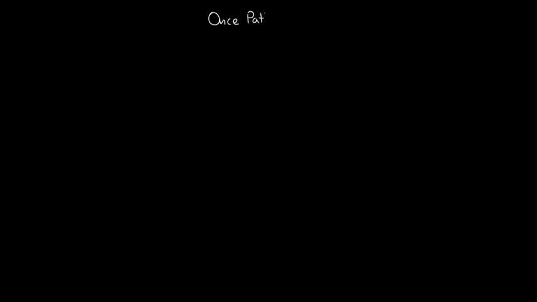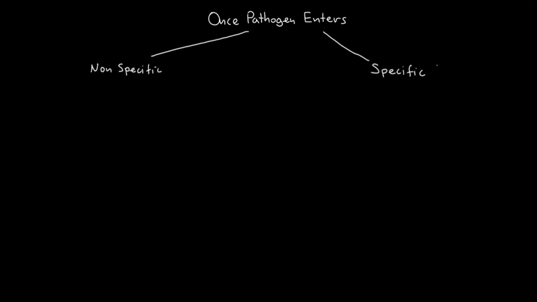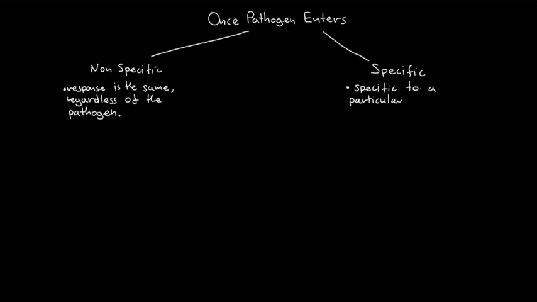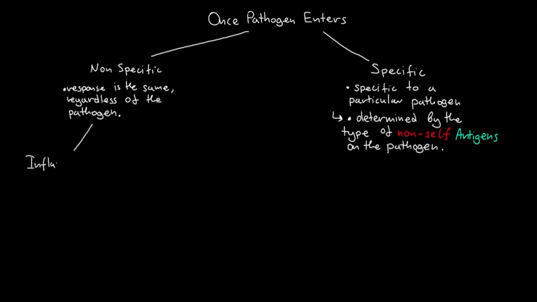Here is the overview of things that may happen after the pathogen enters the body. Non-specific response will happen anyway in each case. It will cause inflammation in the affected region where the pathogen entered the tissue. This will also result in an increase in the local temperature and several other things. But most importantly, the phagocytes, so our macrophages and neutrophils, will try to digest the small quantities of the pathogen.